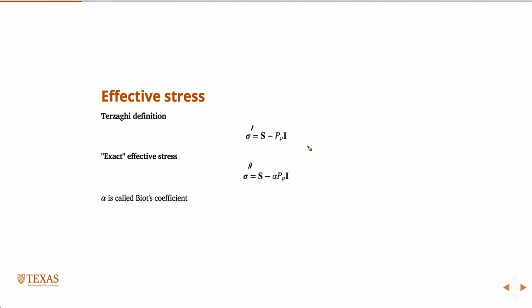In unconsolidated sands, it's typically about 1, so it recovers the Terzaghi definition. But for shales and other harder rocks, it can be around 2/3 or something like that. So I'm going to go over the derivation of that.